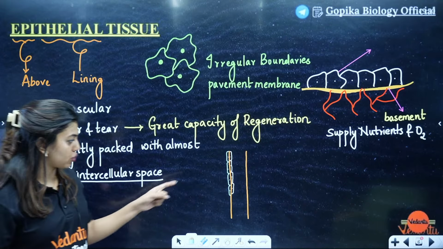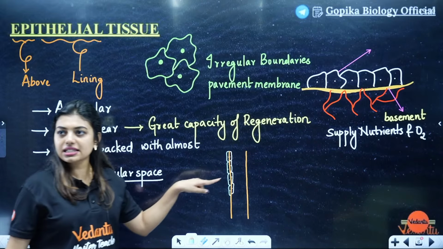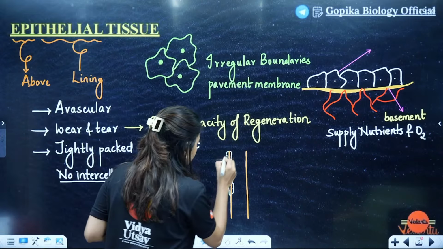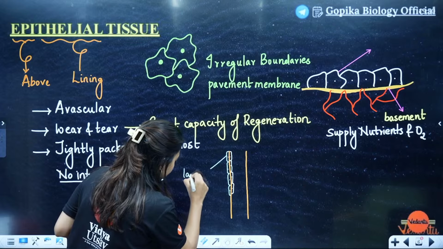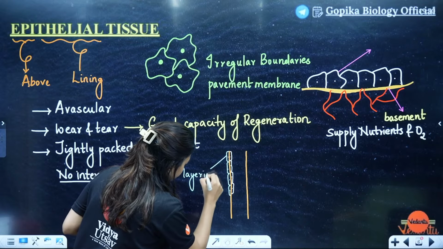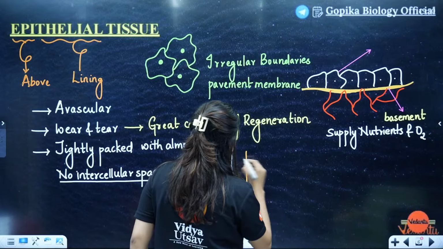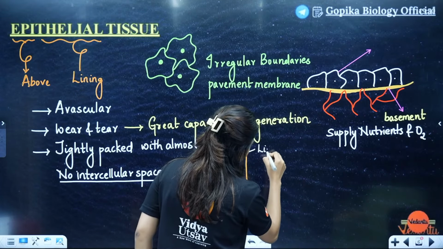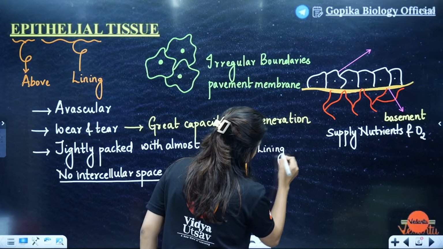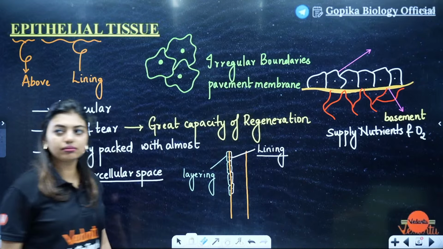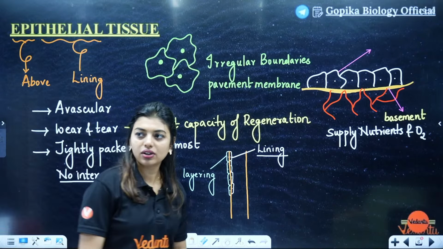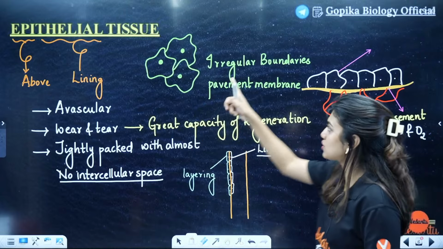So this is layering and this is lining. Can you see the difference? This blue color one is going to be your layering. This is going to be lining. Done. Understood? That's why I drew this one so big for you.